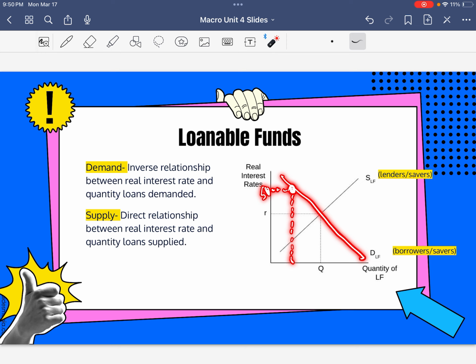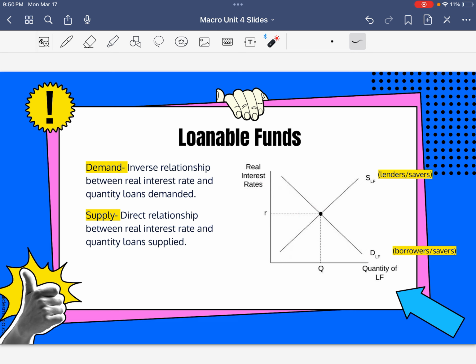So an inverse relationship between real interest rates and quantity of loanable funds demanded. If the real interest rate was very low, let's say like 2% down here, then the quantity of loanable funds demanded would be higher. People are more likely to take out a loan for big ticket items for interest sensitive spending like cars and houses if the real interest rate is lower, okay?